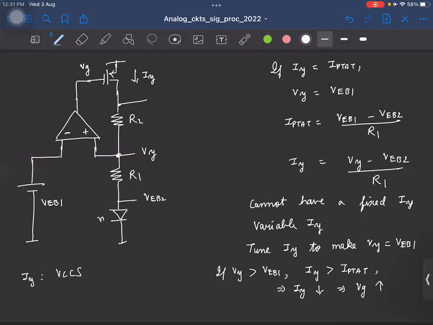Okay. So what this is doing, it is basically comparing Vy with VEB1 and controlling the current value of this current source, to make these two voltages equal, right? And if the op amp has infinite gain, then you know that these two will be exactly equal. Is that okay?